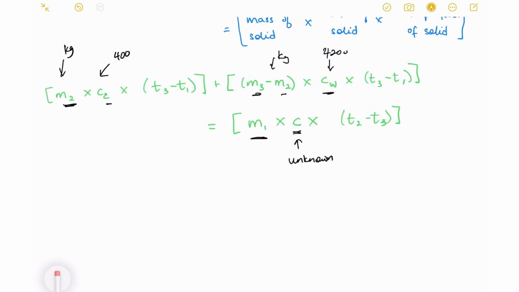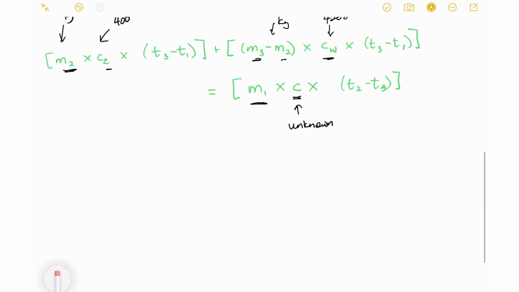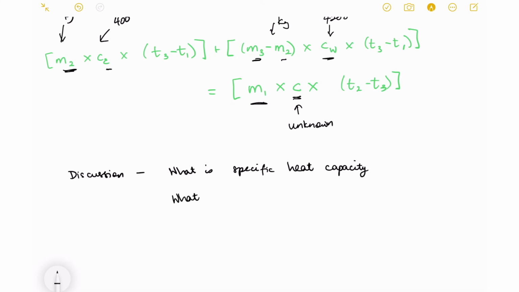Right, in your discussion, please make sure and tell me what is specific heat capacity. You are going to tell me what is the specific heat capacity of the solid that you found, right? So experimentally, what was the specific heat capacity you got?